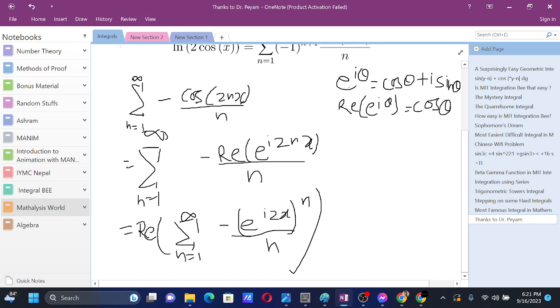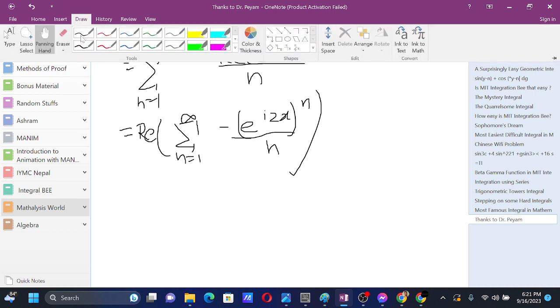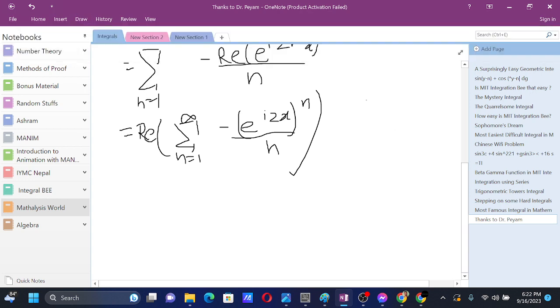Now I guess if you have completed high school, you should have seen this sum somewhere. Let me write it here as well. ln of 1 plus x is just the summation from n equals 1 to infinity of x to the power n by n, times negative 1 to the power n plus 1.